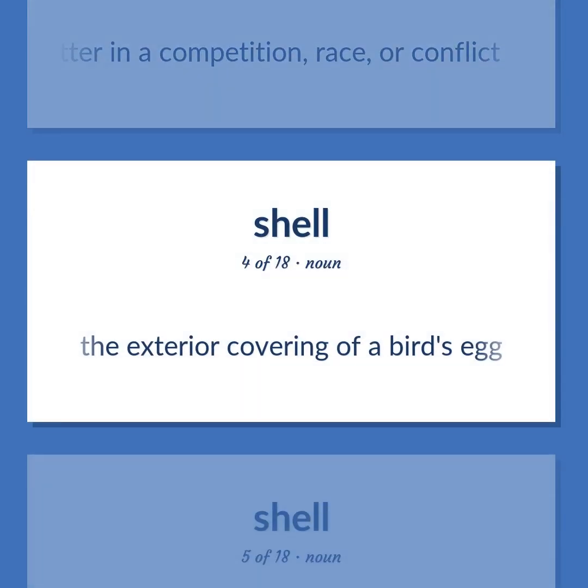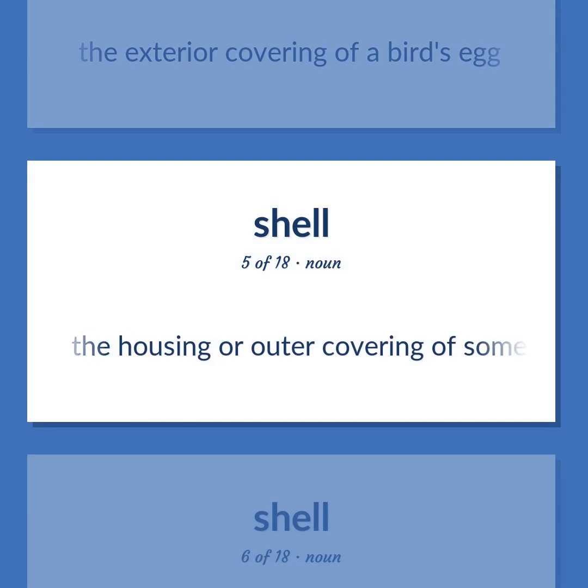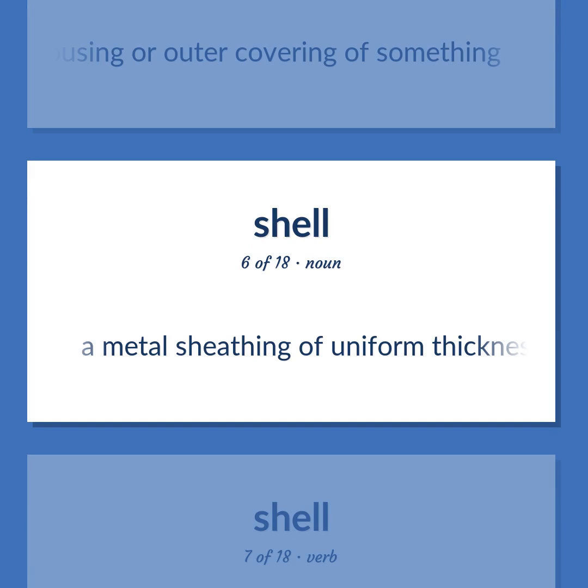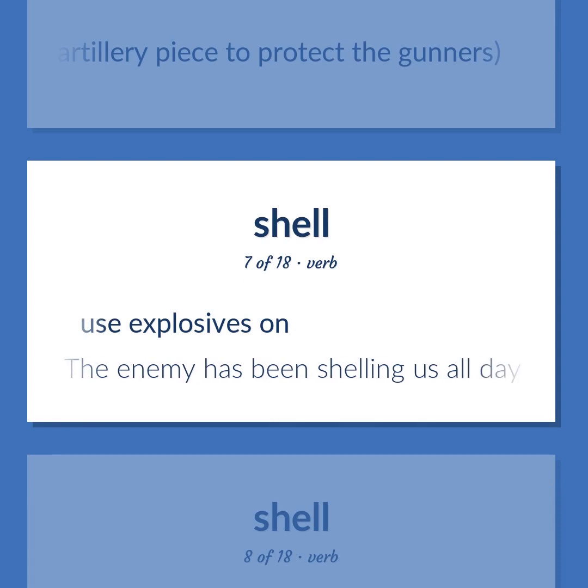The exterior covering of a bird's egg. The housing or outer covering of something. A metal sheathing of uniform thickness, such as the shield attached to an artillery piece to protect the gunners. Use explosives on. The enemy has been shelling us all day.